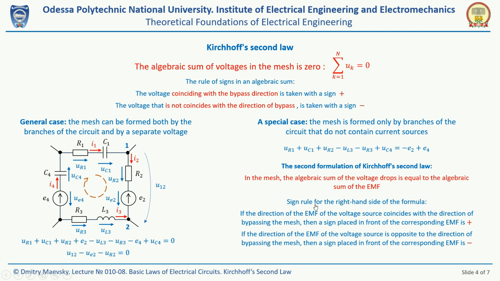So the sign rule for the right-hand side of this formula is as follows. If the direction of the electromotive force of the voltage source coincides with the direction of bypassing the mesh, then the sign placed in front of the corresponding electromotive force is plus.